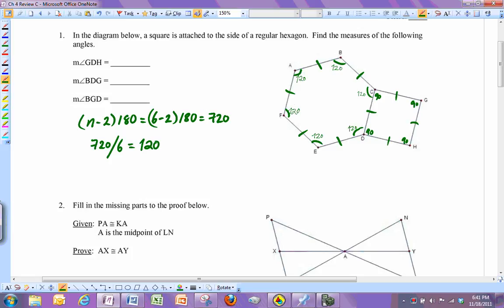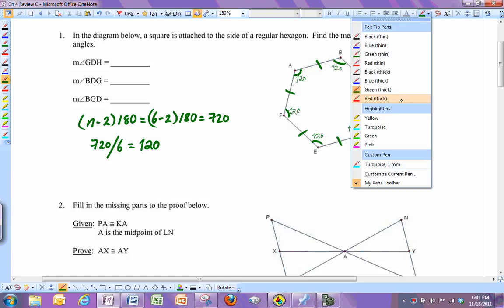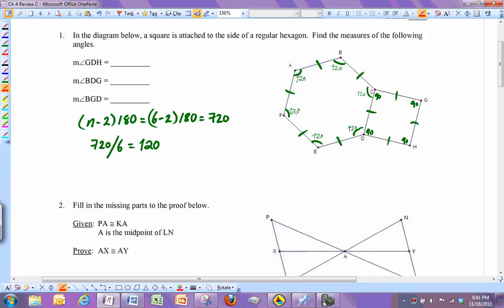Okay, so the first angle we need to find is GDH. So that goes G to D over here to H. If you look at that, that's part of an isosceles triangle. I'm looking for this angle, and I know this one's 90, and I know these two are the same. Since it's an isosceles triangle with these two the same, and this is 90, these angles have to be equal.